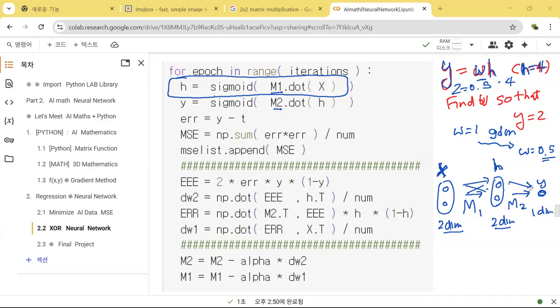True is 1 and false is 0. So sometimes it's useful to restrict our attention to values between 0 and 1.